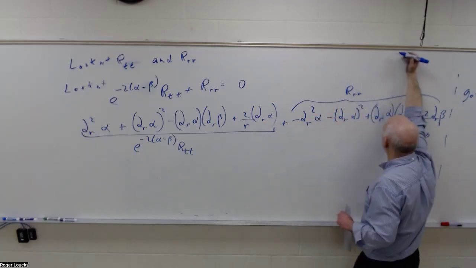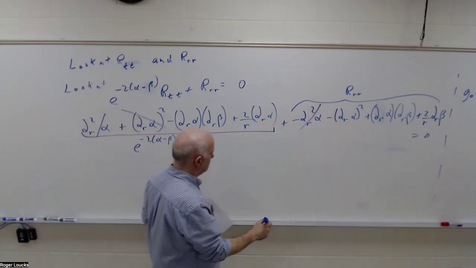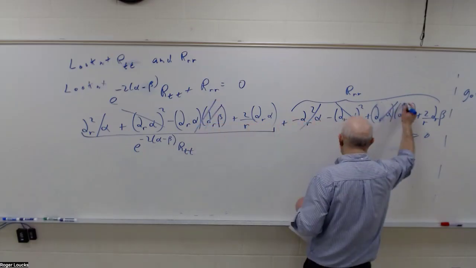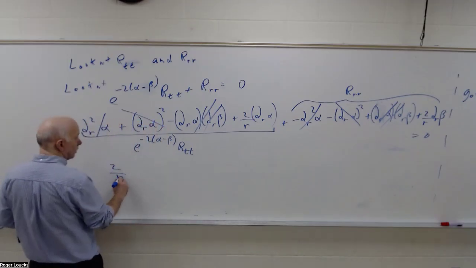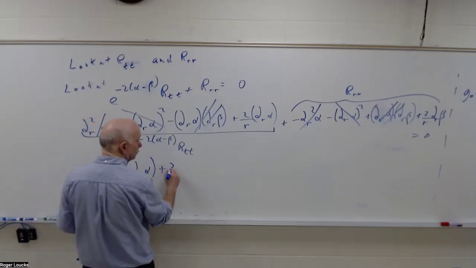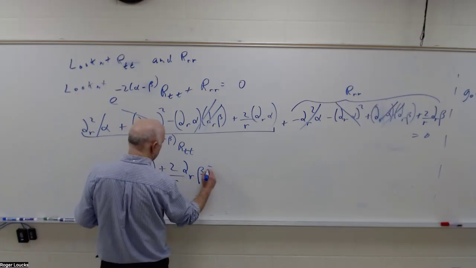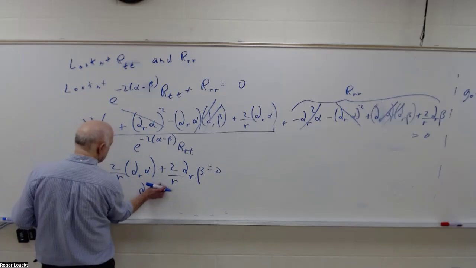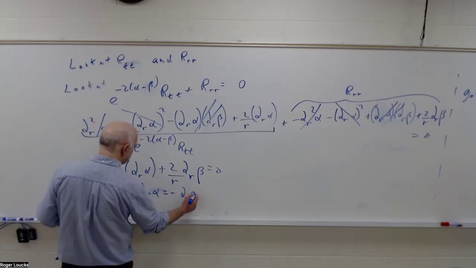Exactly. So what's going to happen? That fellow cancels that fellow, this fellow cancels this fellow, and we're left with 2 over R partial R alpha plus 2 R partial R beta equals 0. Where this gives me partial R alpha minus partial R beta.